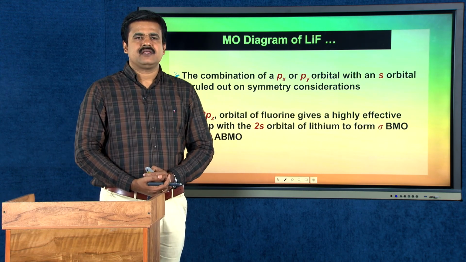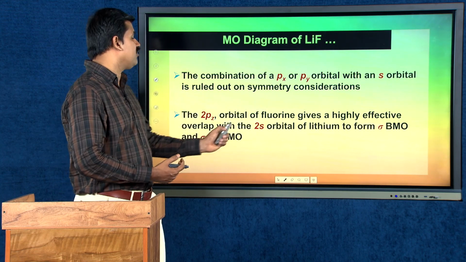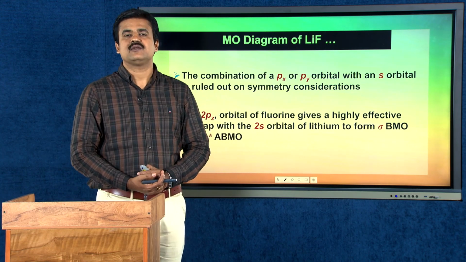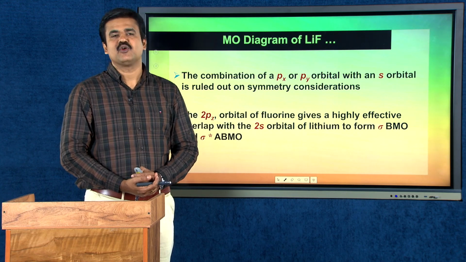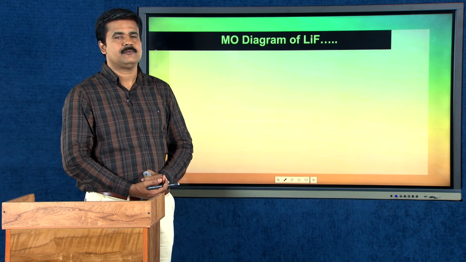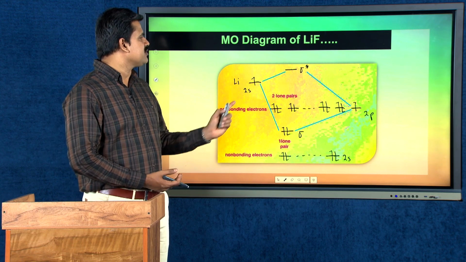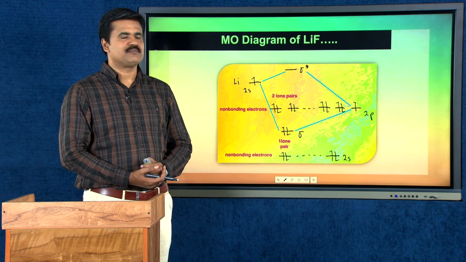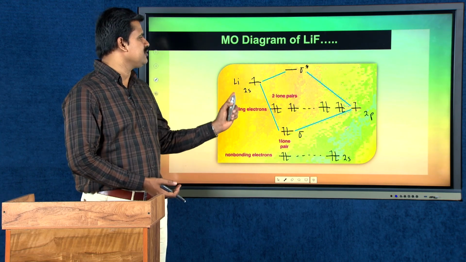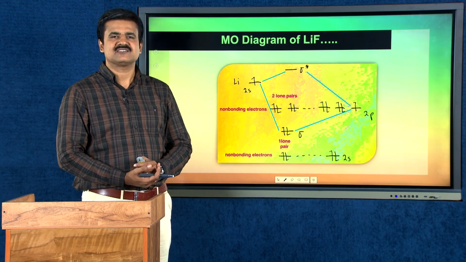The 2pz orbital of fluorine gives a highly effective overlap with the 2s orbital of lithium to form a sigma bonding molecular orbital and a sigma star antibonding molecular orbital. The MO diagram of the lithium fluoride molecule is shown here. In this MO diagram, you can see the atomic orbitals of lithium, preferably the 2s orbital, and the 2p5 arrangement of fluorine is also shown here.